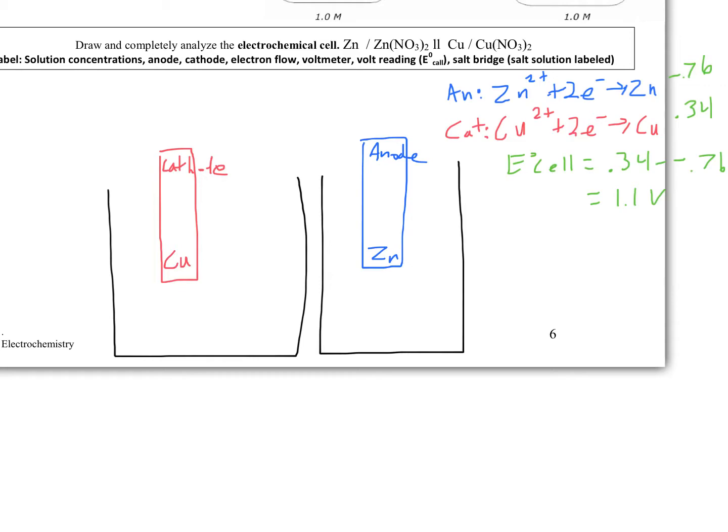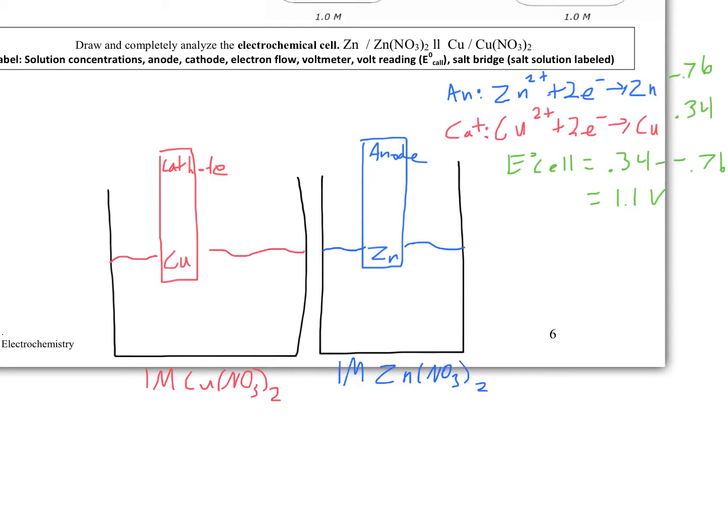I need to write the solution concentrations. Well, if it said I'm solving for E cell, I must be using 1 molar solutions. So for my cathode side, I have 1 molar Cu(NO3)2. For my anode side, I have 1 molar Zn(NO3)2. I'll go ahead and draw out the liquid just because it looks strange without it.